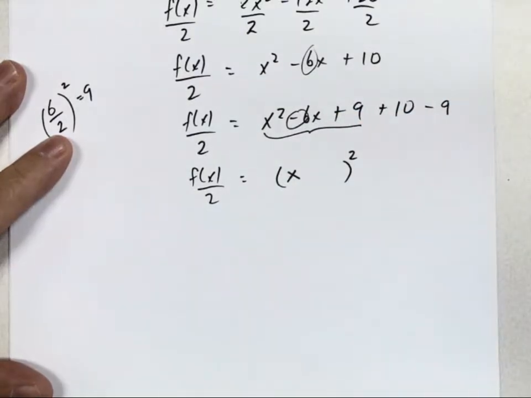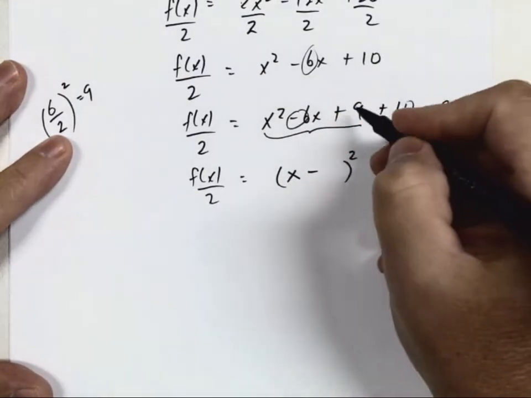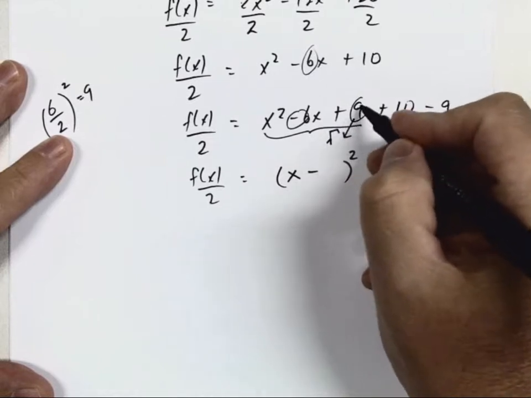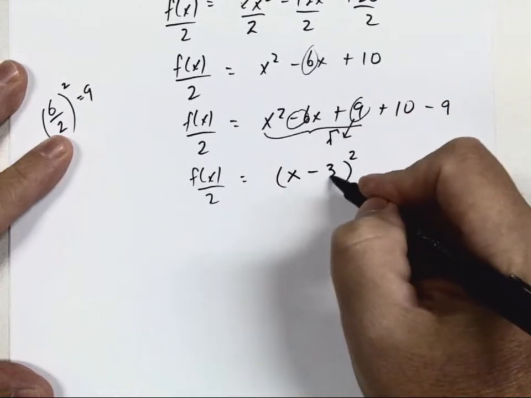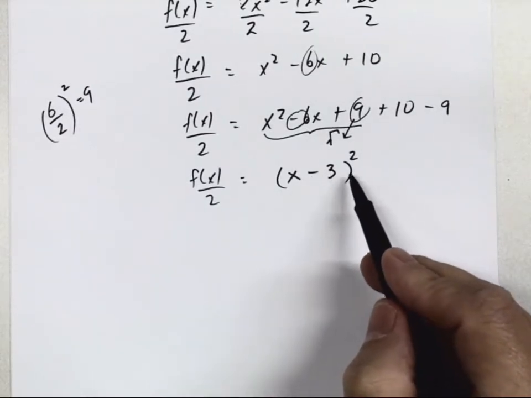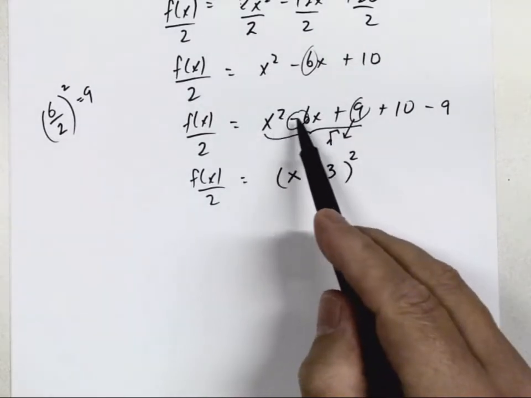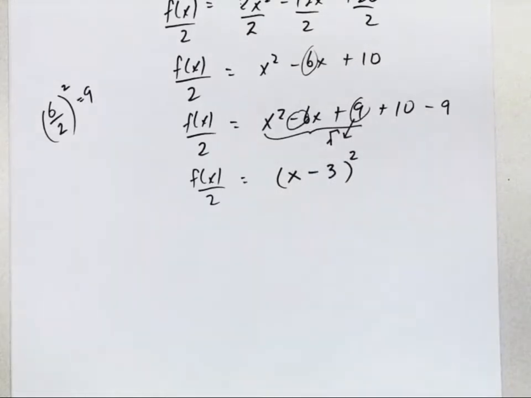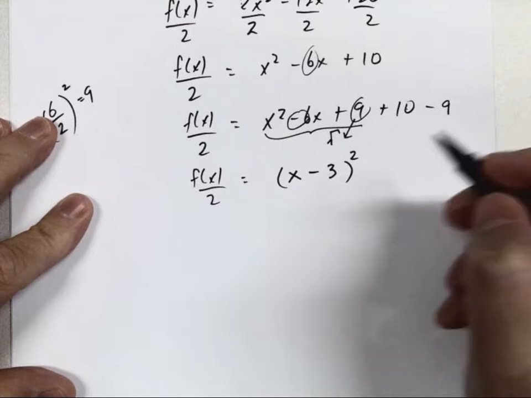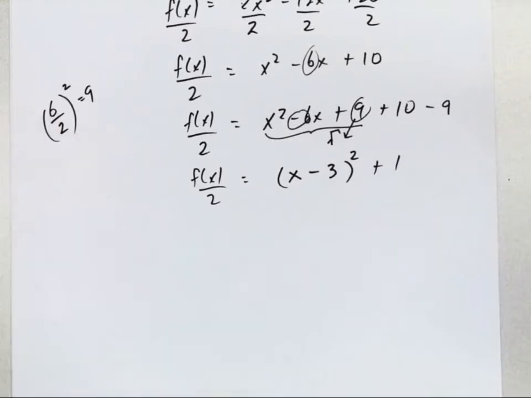Whatever the sign here is what goes down here. You take this number, you take the square root of it, and that goes here. So x minus 3 quantity squared equals x squared minus 6x plus 9. Now I still have this over here, 10 minus 9 is 1, so I've got the plus 1 here.